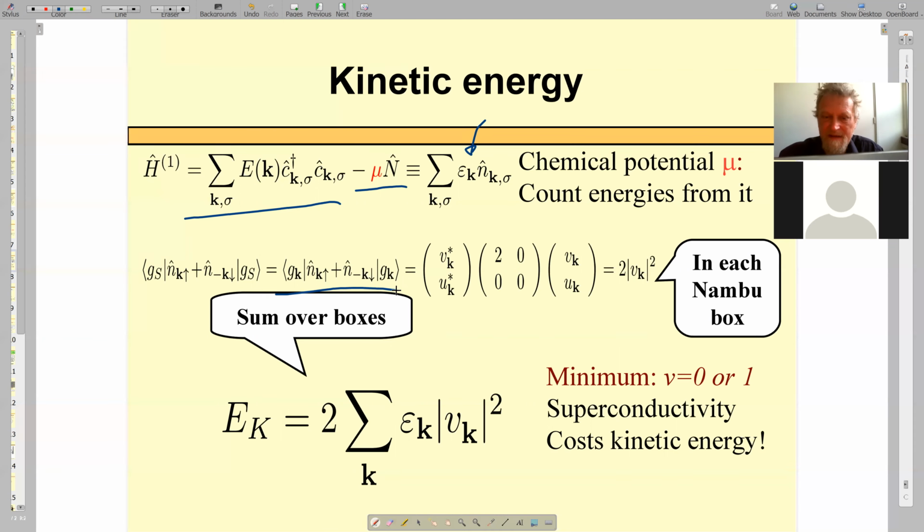The average of this operator is computed like this: there's a wave function of one superposition and the conjugated wave function of this superposition. I computed the expectation value of this operator with respect to this wave function. That's what I got. Fine. And I have to sum over the boxes to get the full kinetic energy.